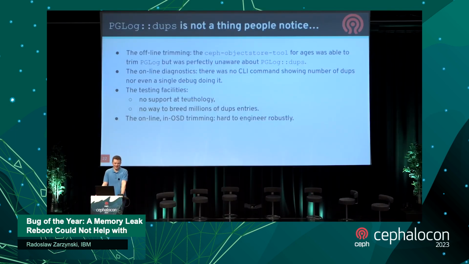Deploying a cluster and staging it for a few months or years is really not an option. We cannot wait. So we had to develop some kind of injector to breed those entries in an orchestrated way, let's say. And moreover, the online trimmer was pretty hard to engineer robustly. I will cover that soon.